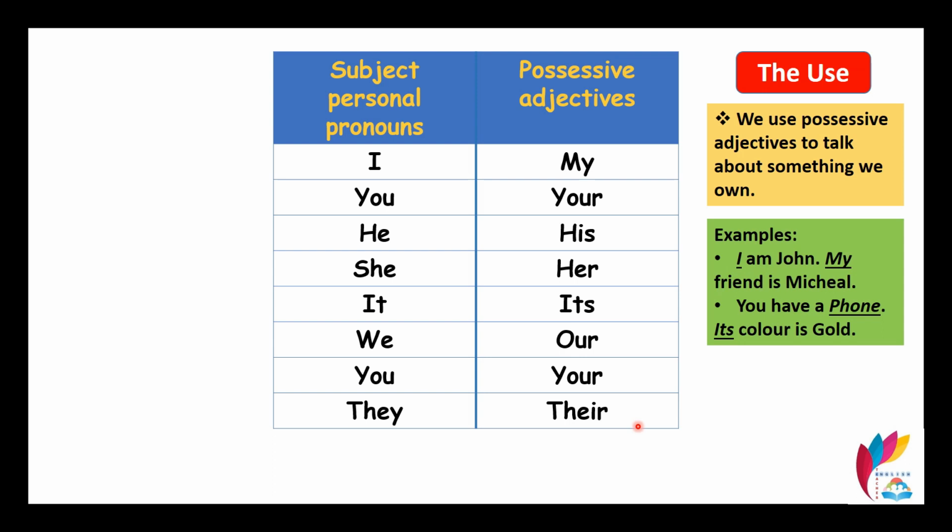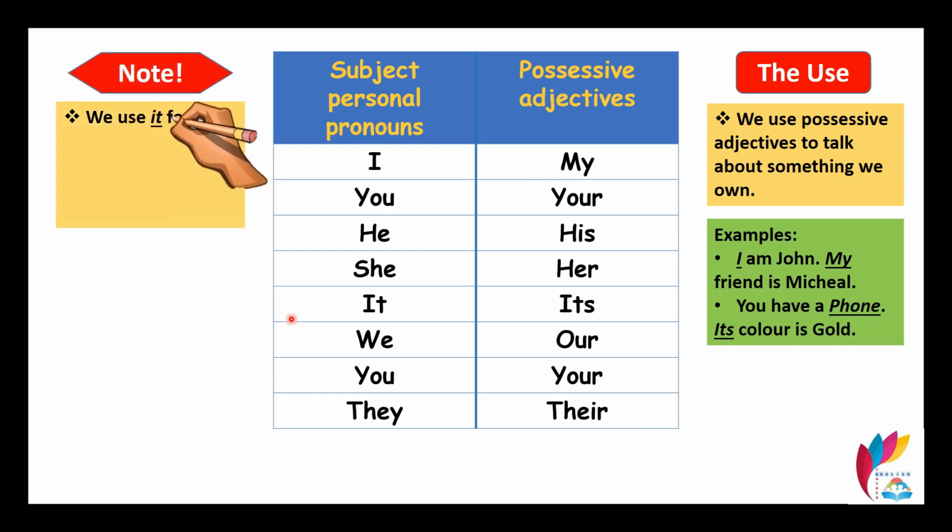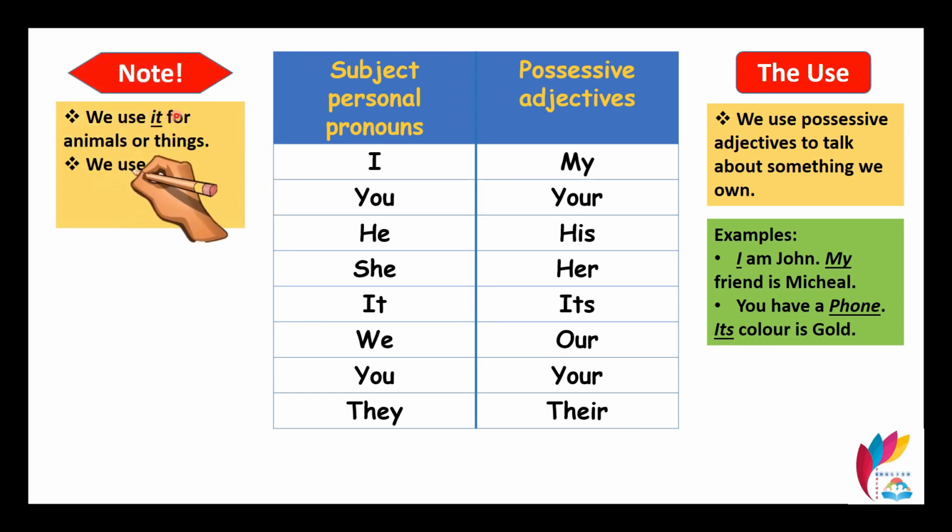Now, please pay attention to the following note. We use "it" for animals or things. We use "they" for people, animals, or things. As we said before, "it" refers to animals or things, like the cat, the dog, etc. But "they" refers both to animals and people, and of course things.